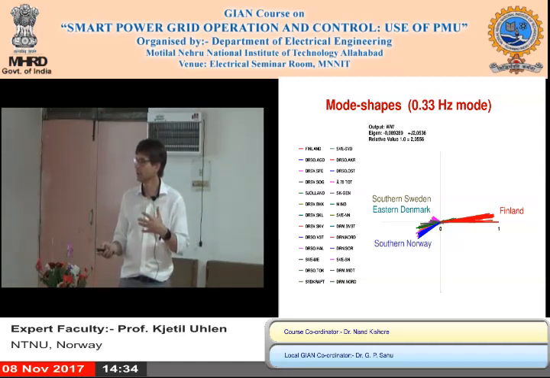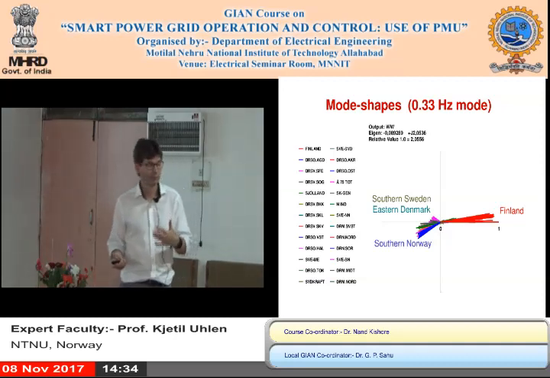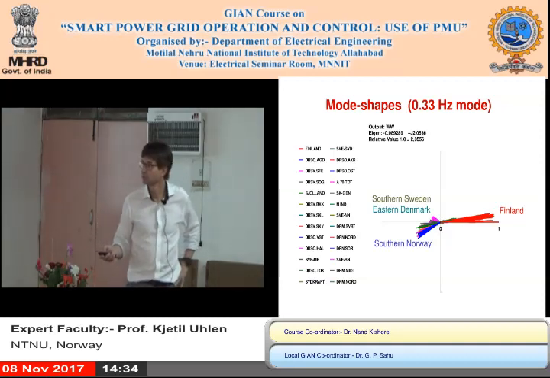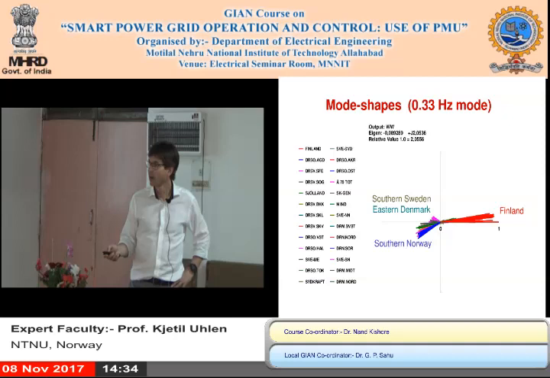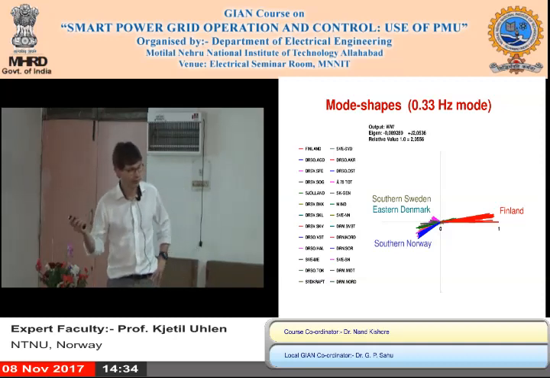They are complex numbers, they are elements in the eigenvector. They point in the same direction, and it turns out that they are all related to generators in the Finnish grid.